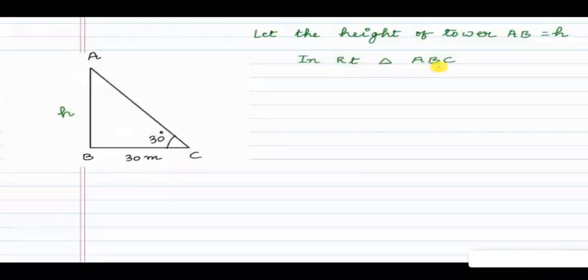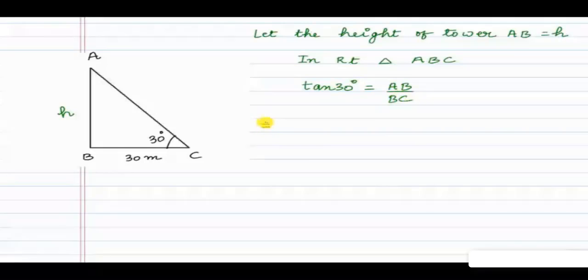Now in right triangle ABC, tan 30 degrees will be equal to opposite side over adjacent side, and we can see that the opposite side is AB and the adjacent side is BC. So tan 30 degrees is AB over BC.